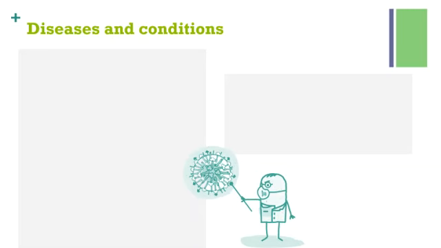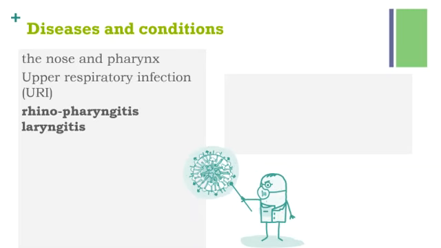Rhinopharyngitis and laryngitis are both inflammations due to upper respiratory infections or irritants. The trachea, the bronchi, and the bronchioles can be affected by diseases and conditions such as asthma, bronchitis, and bronchiectasis.